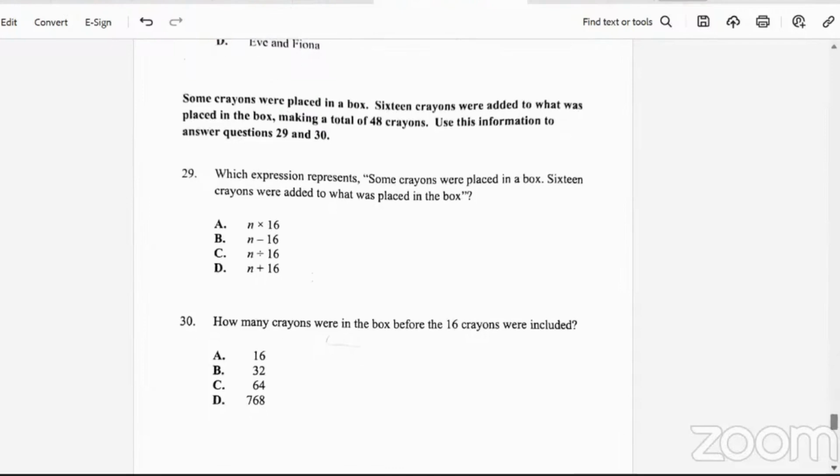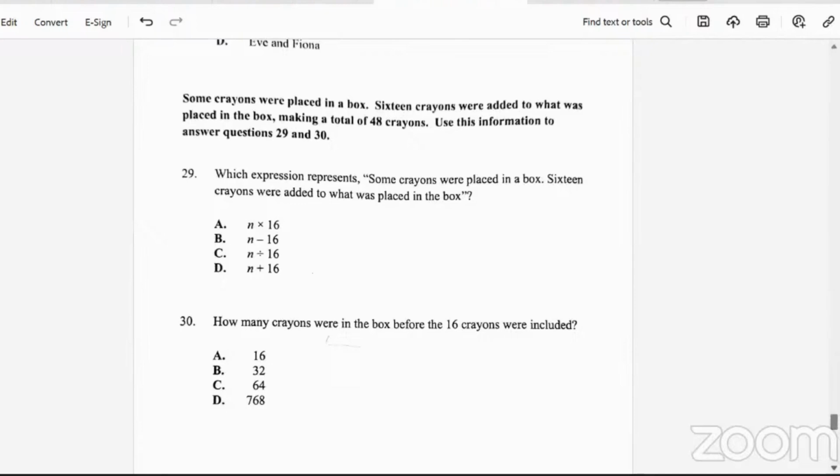All right, the final 2 questions. Some crayons were placed in a box. 16 crayons were added to what was placed in the box, making a total of 48 crayons. Use this information to answer questions 29 and 30. Question 29 says, which expression represents some crayons were placed in a box?